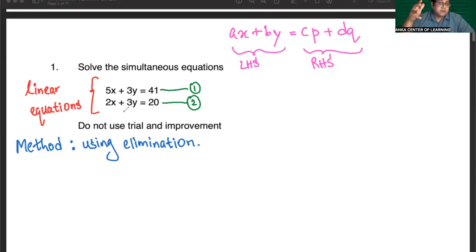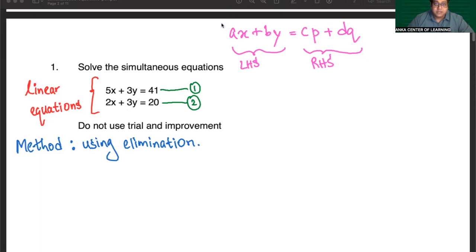Equation 1 has a coefficient of 3 and equation 2 also has a coefficient of 3. Whereas if you compare x, the coefficient is 5 and in the second equation it is 2. Always remember, if they're the same coefficient, you can simply cancel them out.